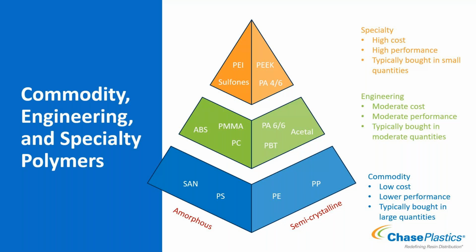And so with these materials, when it comes to picking a material to do something, once you're in the engineering plus, it's one of those things where it might take a few additional conversations to make sure we understand exactly what performance features are needed. So then we can start to pick the materials that will best suit that performance. And so at Chase specifically, we do tend to focus on our engineering and specialty, but to point out that they are all within that range.